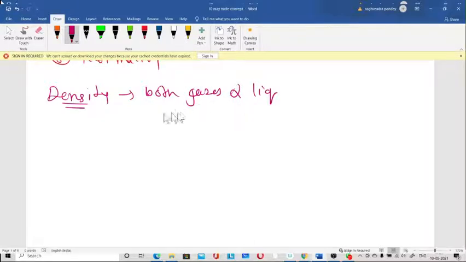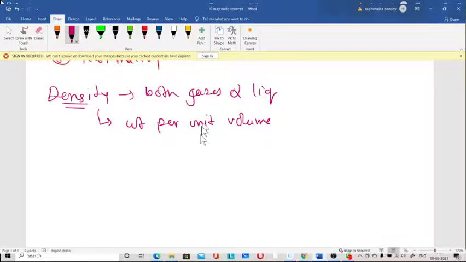So what is density? It is the weight per unit volume. There are various difficult questions which are coming. Weight per unit volume is your density.